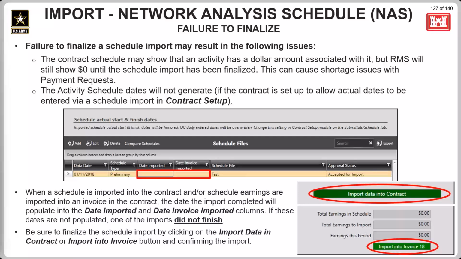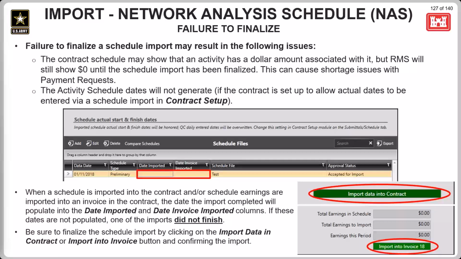You want to make sure, whether government or contractor, that the date imported and the date invoice imported dates are filled in to ensure that the import did complete. If a date is missing here, then the import didn't finalize and the most current data is not in RMS.